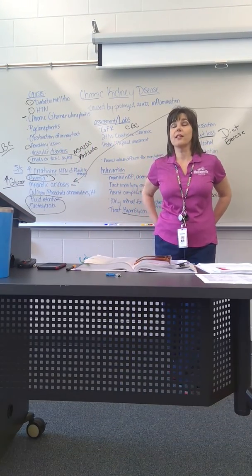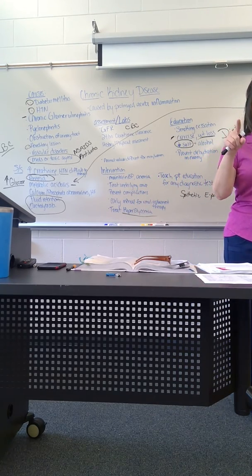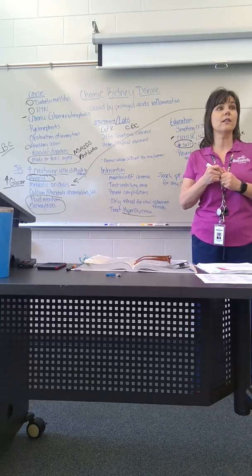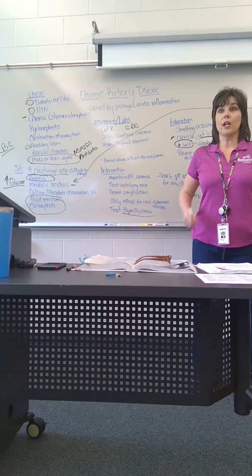In nephrotic syndromes and some of those disorders, you can see periorbital edema, puffiness around the eyes and in the face. But we mainly see dependent edema, maybe pulmonary edema, so they may have shortness of breath. Their lungs may sound wet, so they may have some rales and rhonchi.